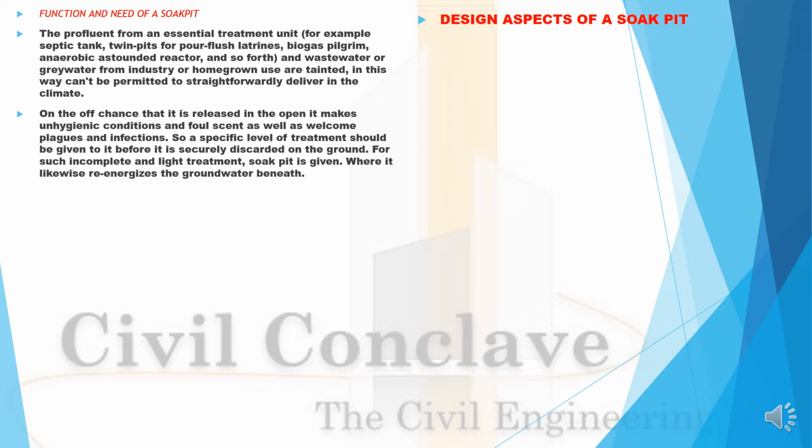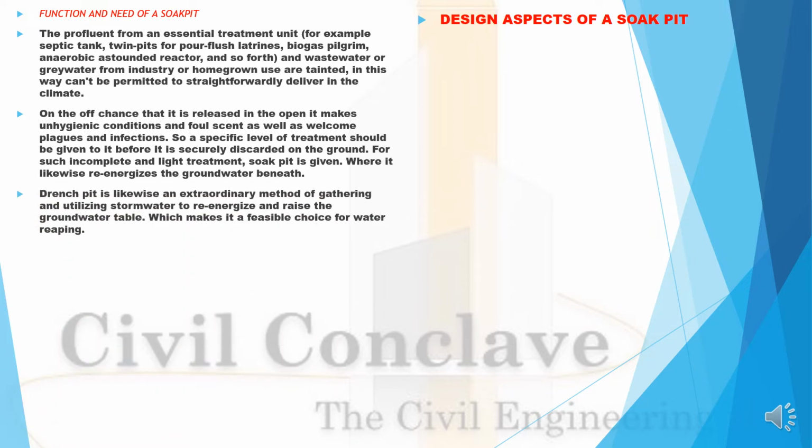For such light treatment, a soak pit is provided, where it also recharges the groundwater beneath. A soak pit is also an excellent method of collecting and utilizing storm water to recharge and raise the groundwater tables.